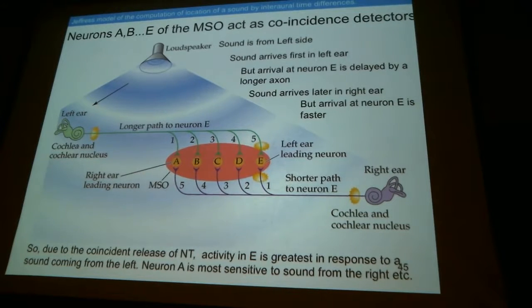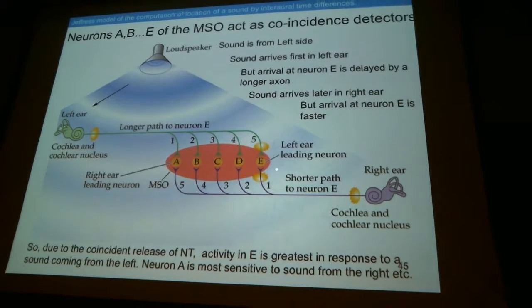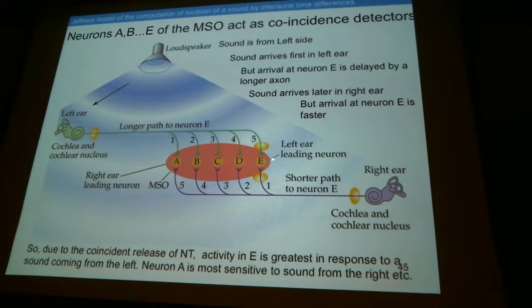So if the sound is off to one side, it takes a longer path to get to E from one ear and a shorter path to get to E from the other ear, arriving simultaneously here. Okay, and so E is going to fire. If the sound were from directly in front, you would need an equal path to get to C, and now C would respond.